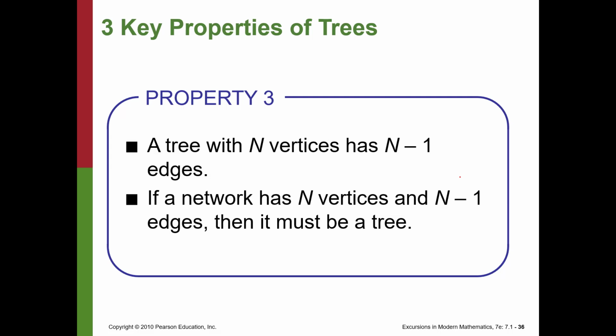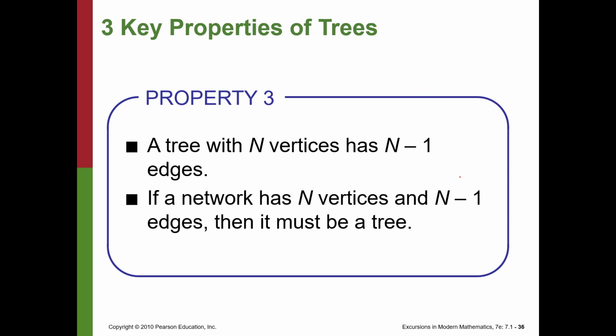A tree with n vertices has n minus 1 edges, right? We saw that with 8 vertices, we have 7 edges, and it turns out that's going to be the case all the time. If a network has n vertices and n minus 1 edges, then it must be a tree.